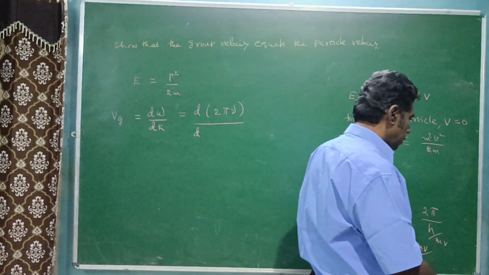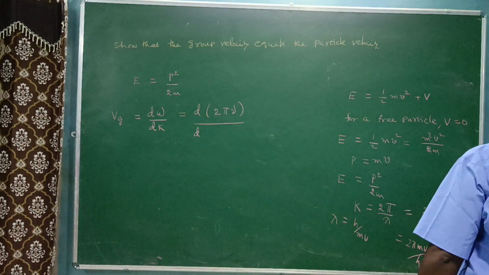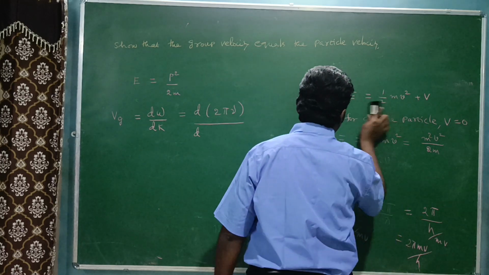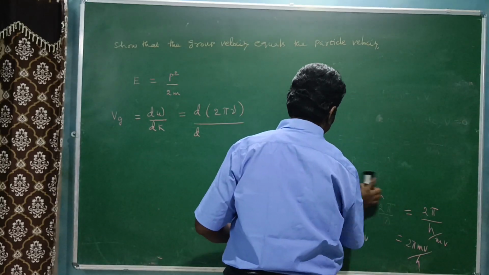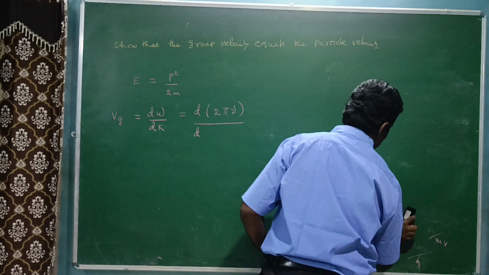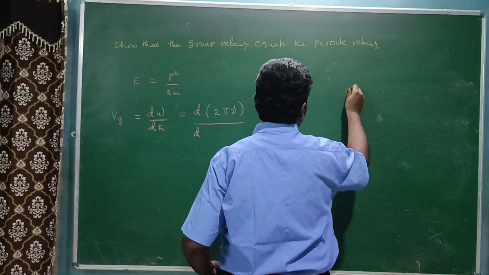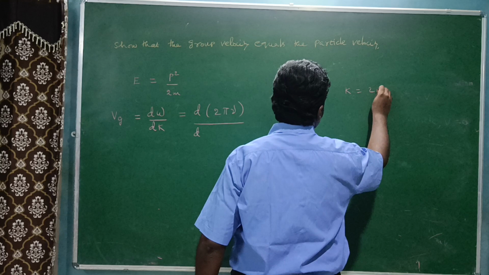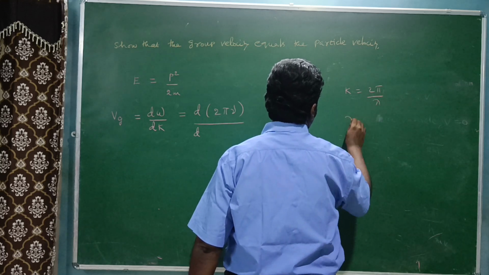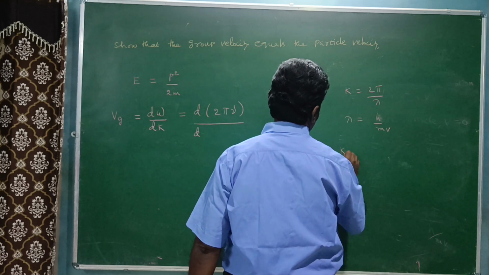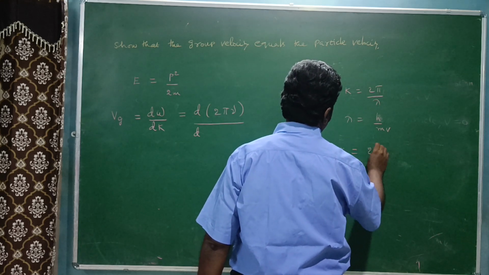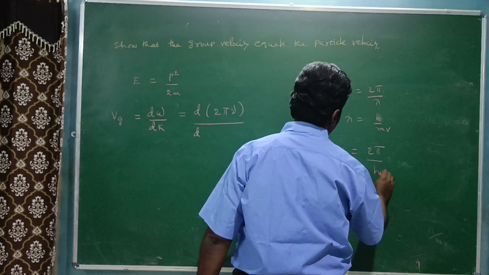So here the propagation vector k is equal to 2 pi by lambda, but lambda equals h by mv. Therefore, k equals 2 pi into mv by h.